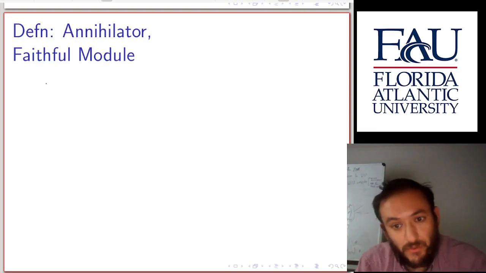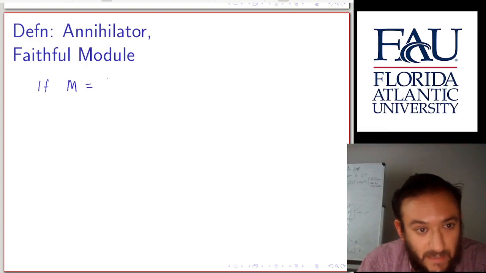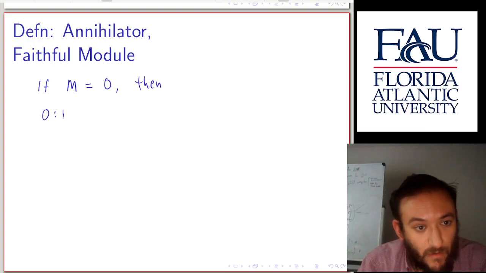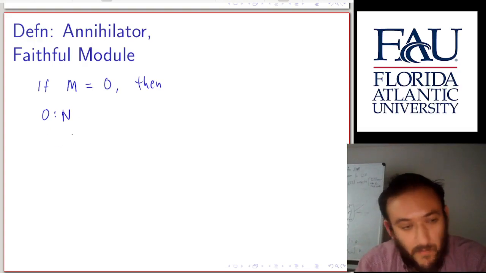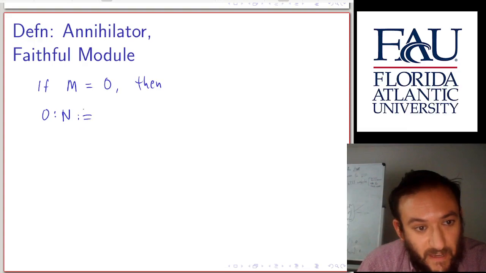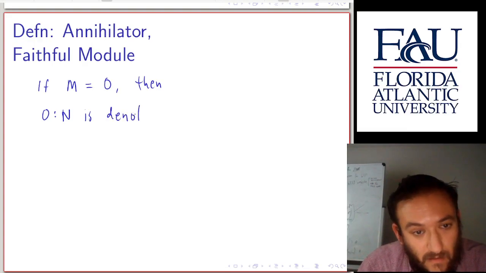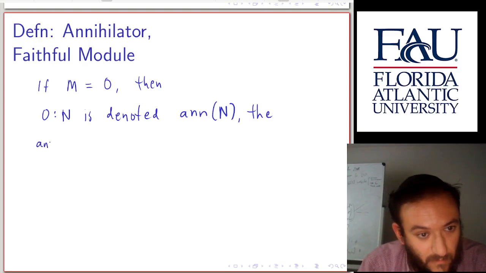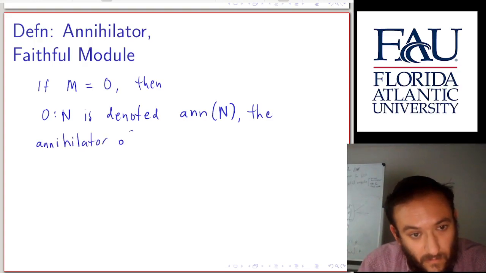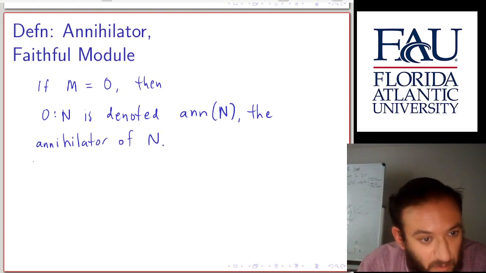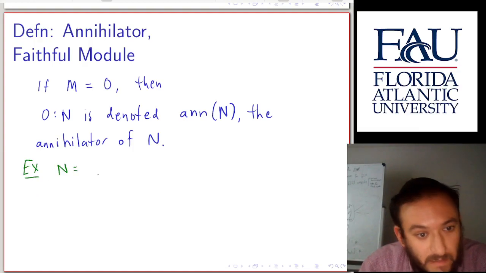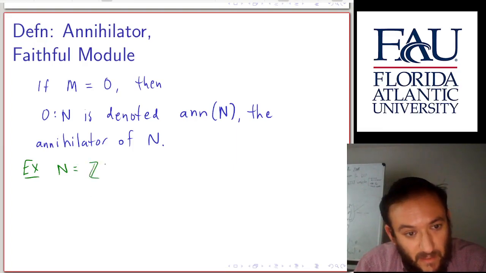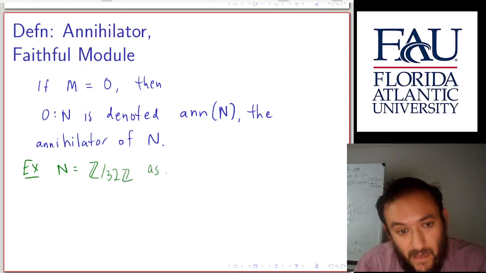If M is the 0 module, then 0 quotient N, whatever the larger module is, is denoted as the annihilator of N. A quick example of that would be if you have N equals, we can use the same ring as before, Z mod 32Z as a Z module.